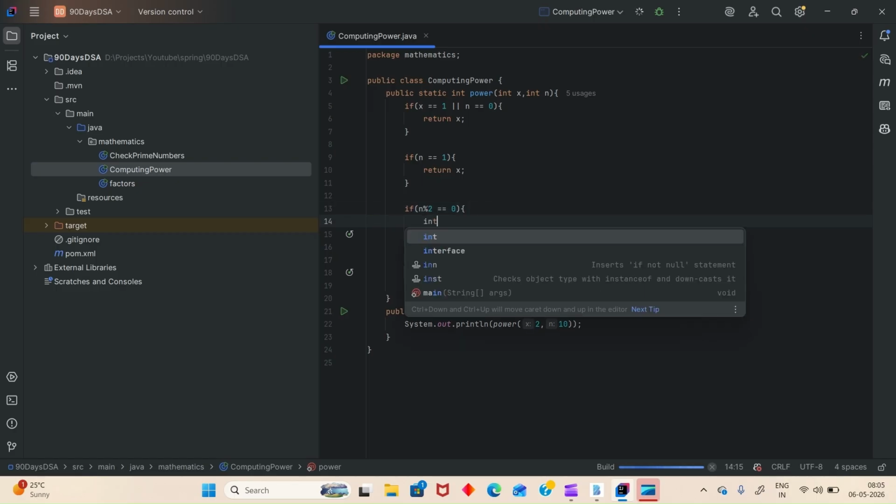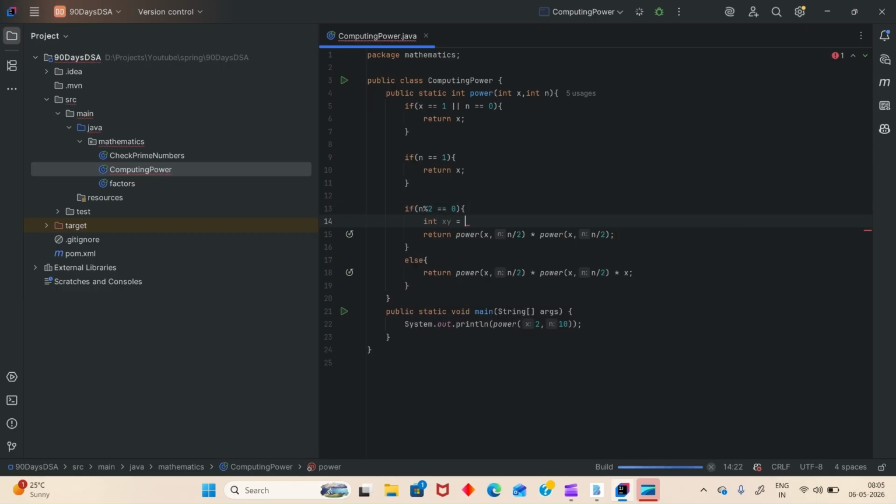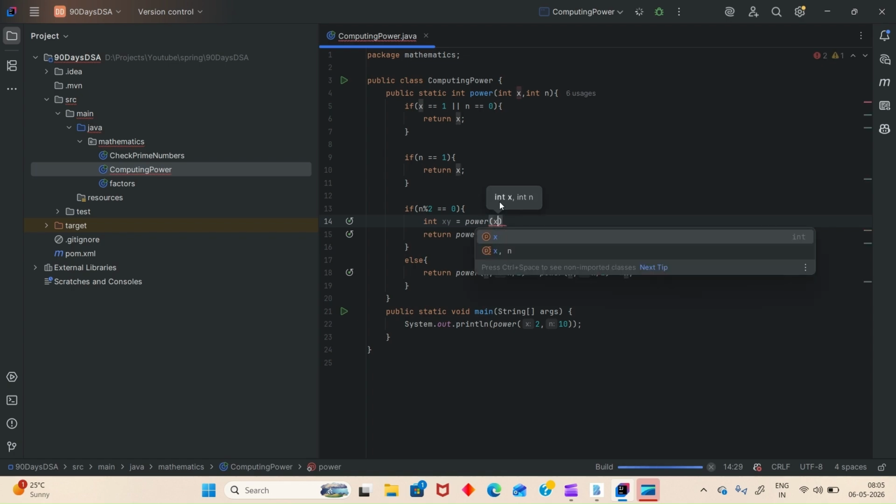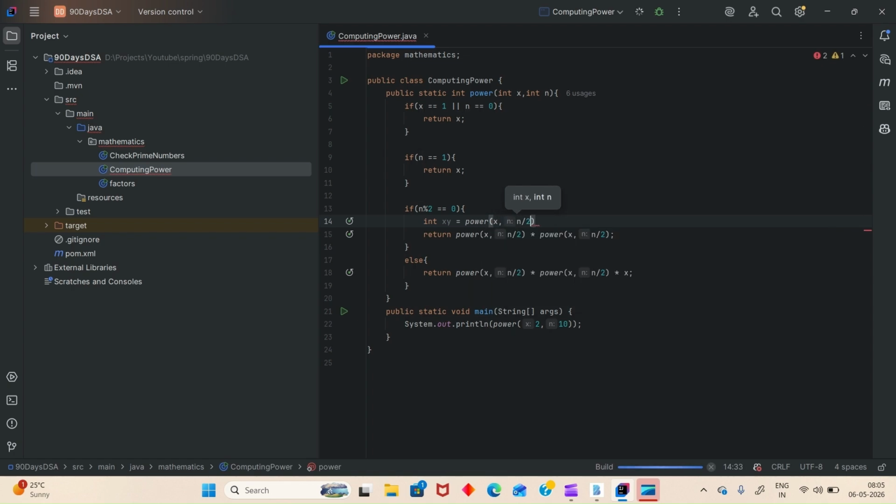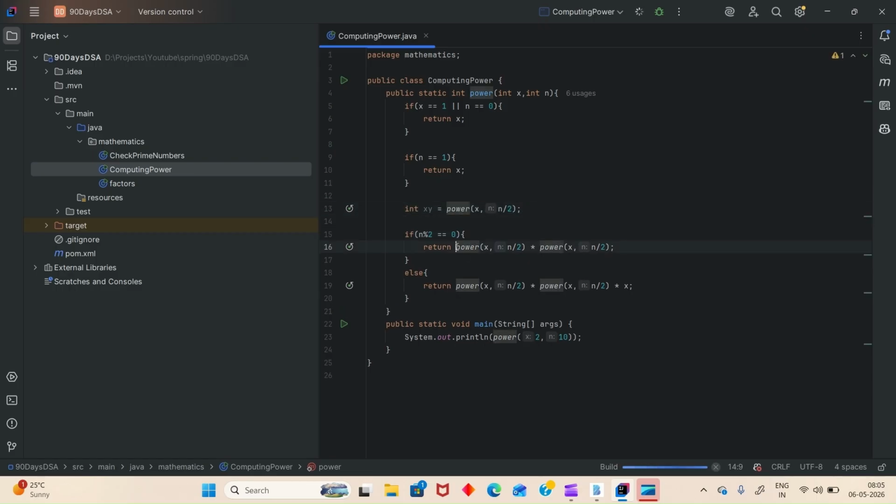So I'll take int xy, let's say, equal to power of x comma n by 2, outside the condition. And here we can replace with xy. We don't need to calculate this two times, right? That's what we discussed.